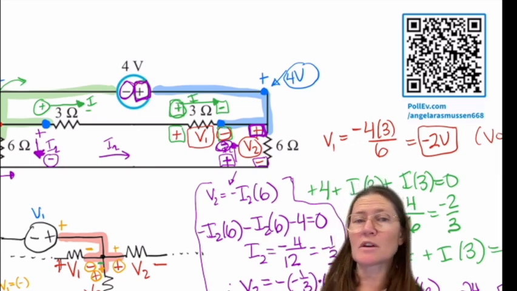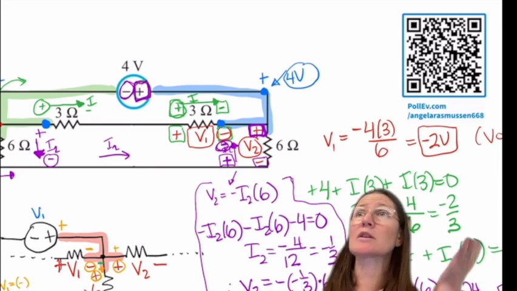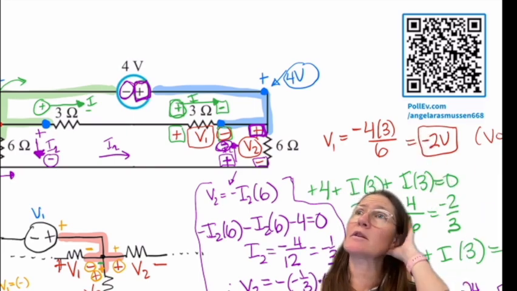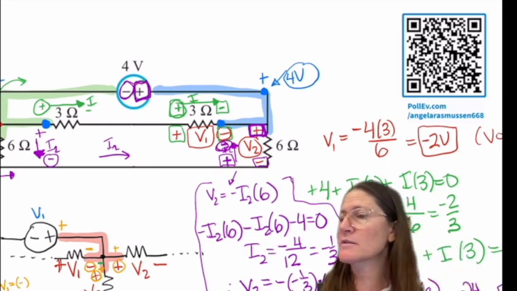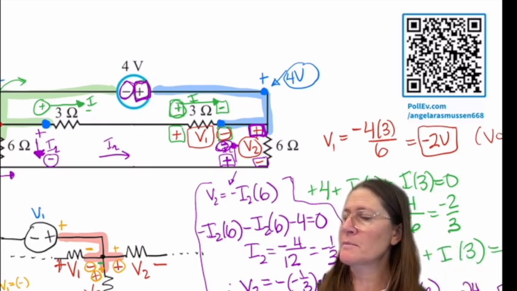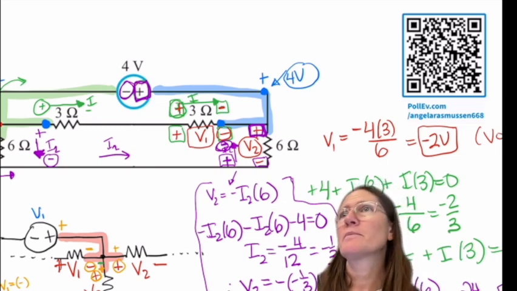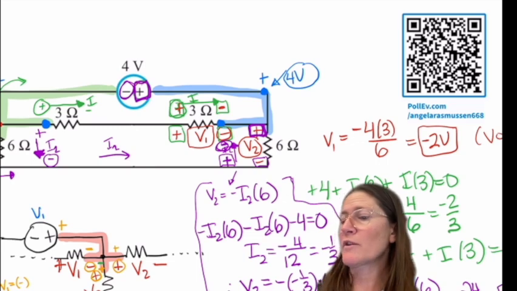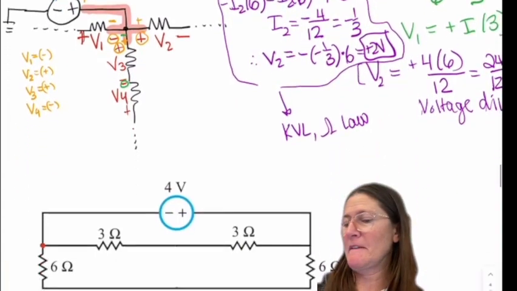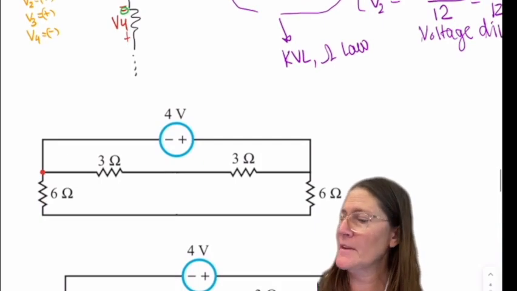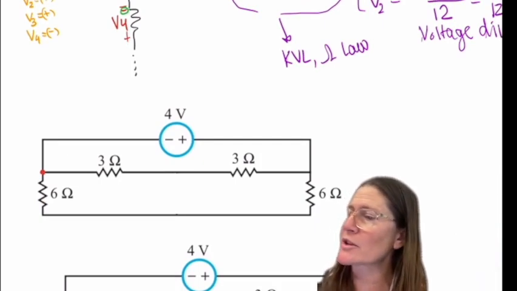So it just depends on which direction I label that. I did label it going left to right, and so that's the plus. That's the plus to minus. What if you label it the other way? What would that look like? So if I labeled it, let me do it down here. Say I labeled it this direction.